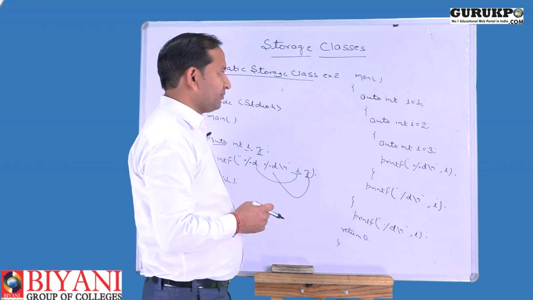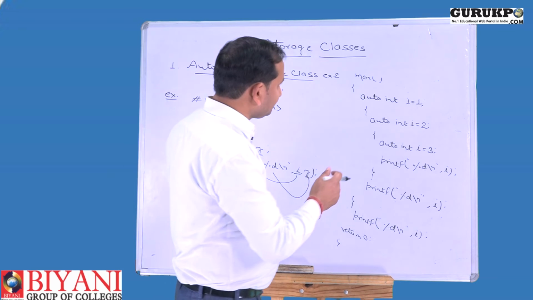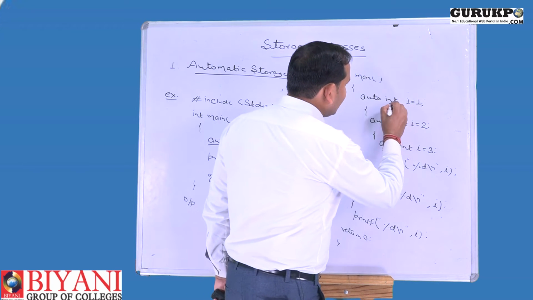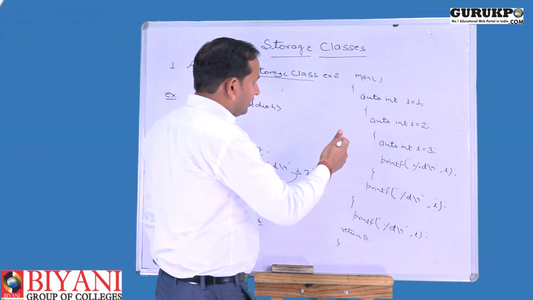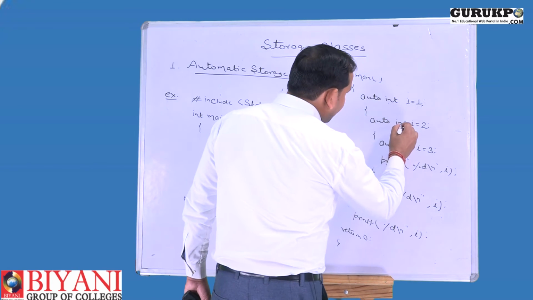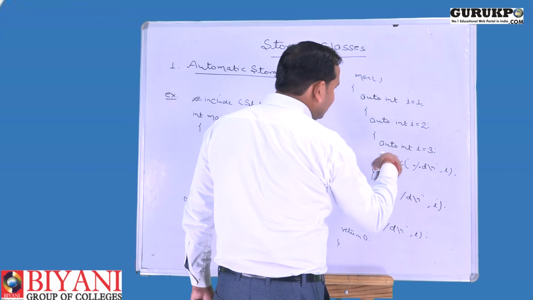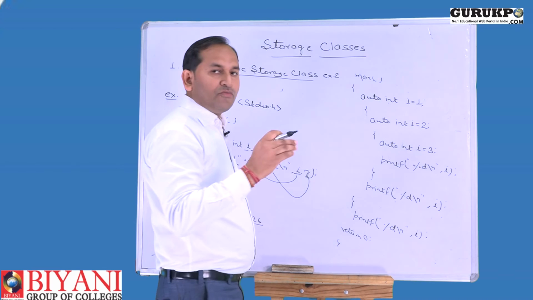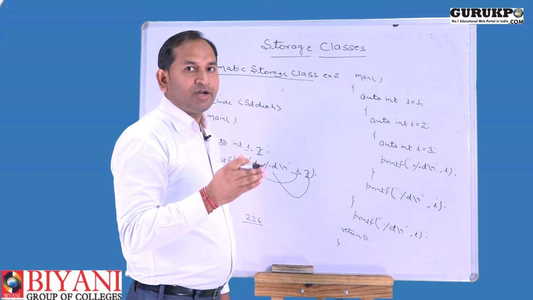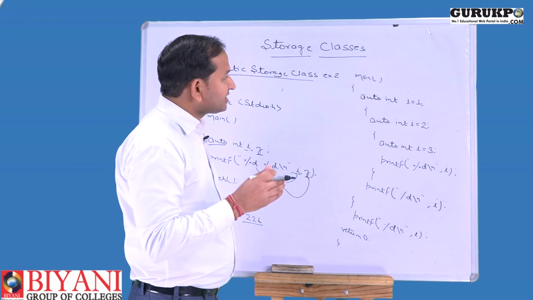Now we discuss the second example. In this example, this is the integer i. The value of i is now 1. Another integer i is assigned 2, and in the third local block, auto integer i is assigned 3. So here we are using three different i variables, and each time we are assigning a new value.